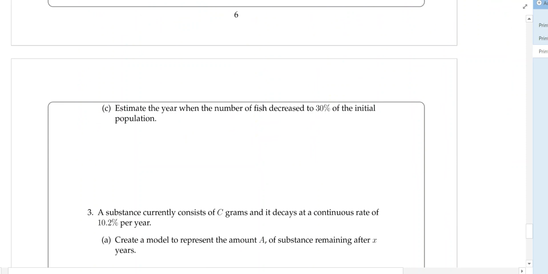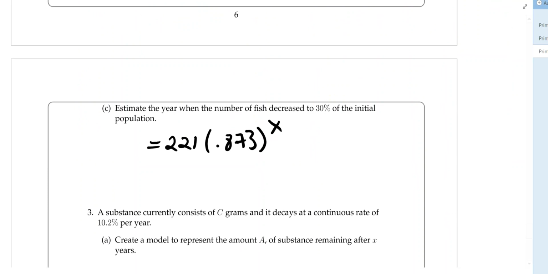What if we're asked to find the year when the number of fish decreased to 30% of its initial population? So it started with 221. Basically, I need to find when the population is 0.3 times 221, because 30% of what it started with means you multiply by 0.3.